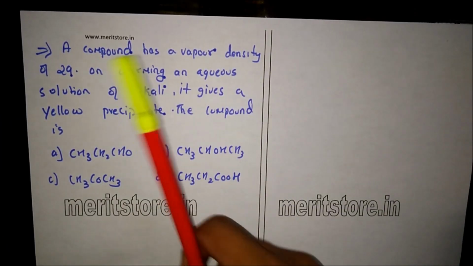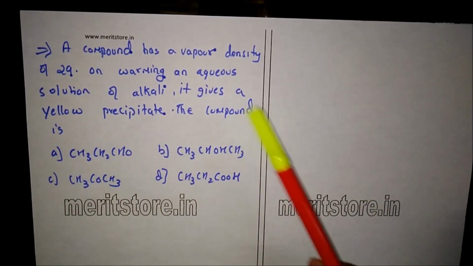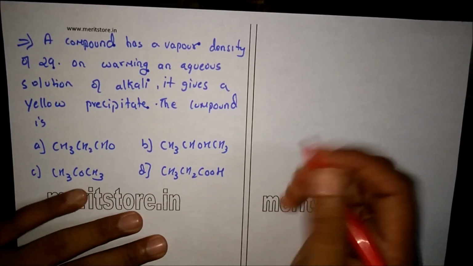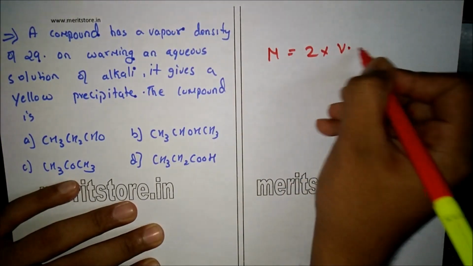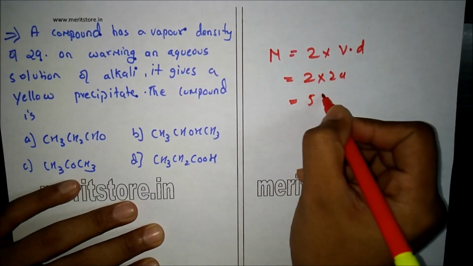A compound has a vapor density of 29. On warming with an aqueous solution of alkali, it gives a yellow precipitate. The compound is, here are the options. Now, let's first find the molecular weight of the compound. The molecular weight M is equal to 2 into the vapor density, which is 2 into 29, which is 58.